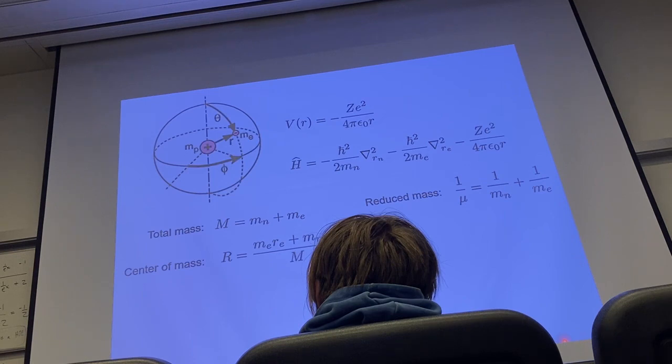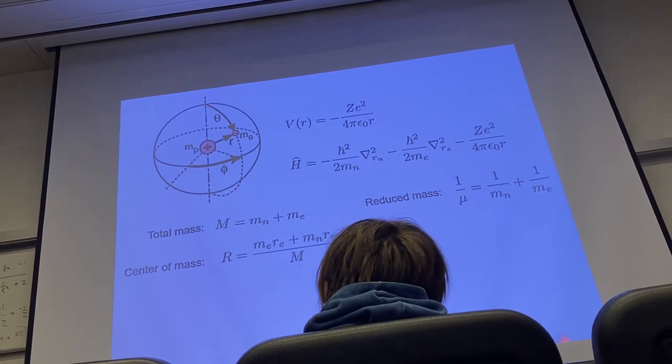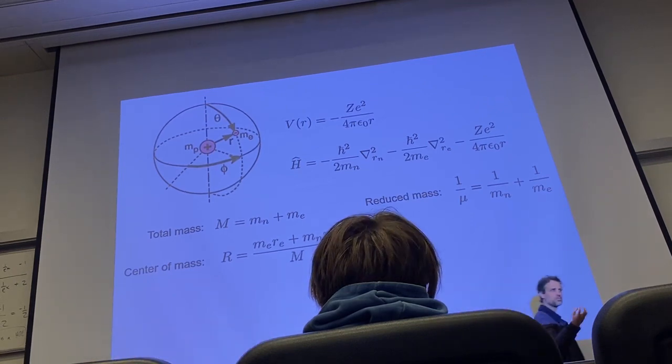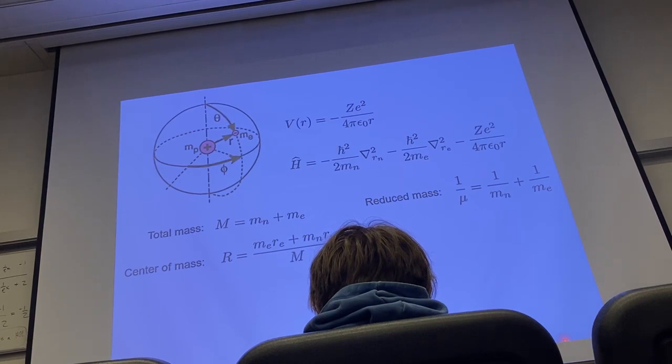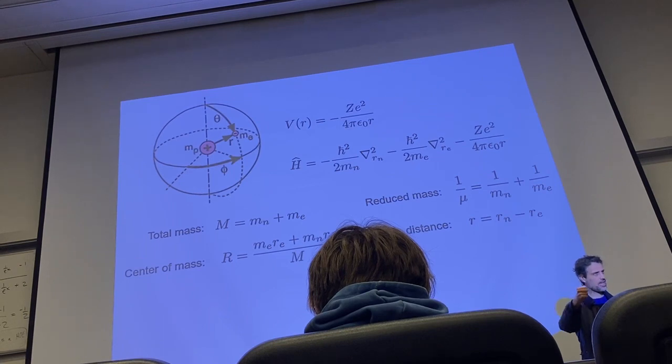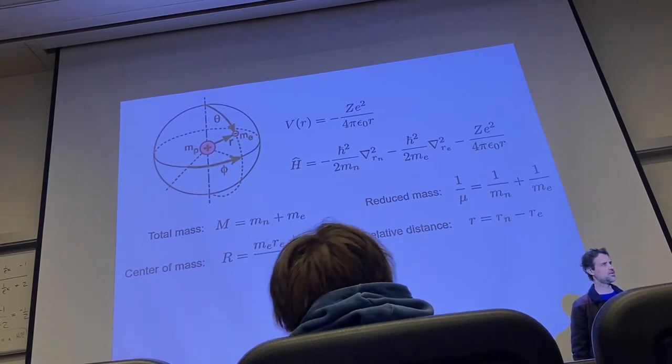And in this case, it's for our system, the hydrogen atom. There's a reduced mass. There's also a reduced coordinate, which is basically simply the difference between Re and Rn. It's the relative position of the two, just the distance between the two particles. It's just the distance of the electron relative to where the nucleus sits.